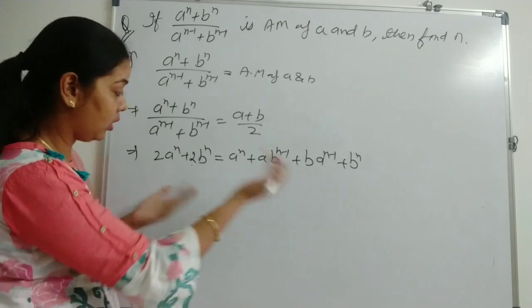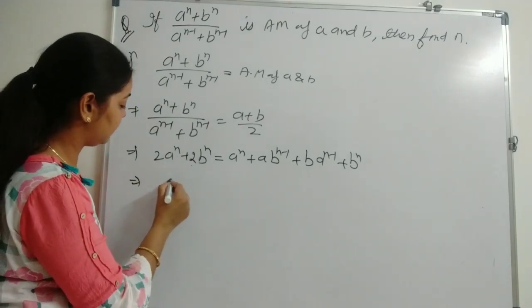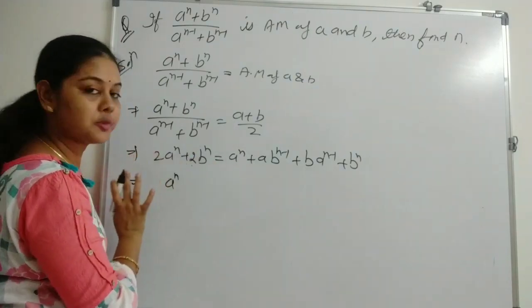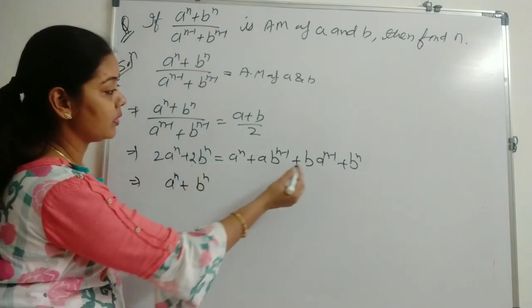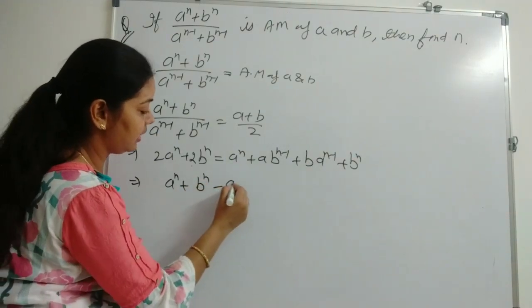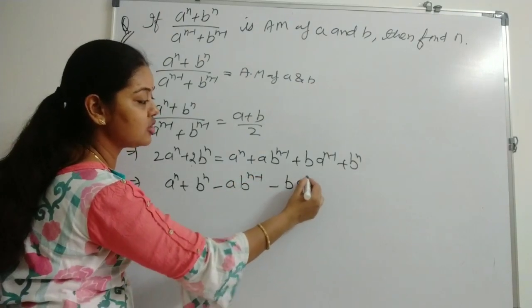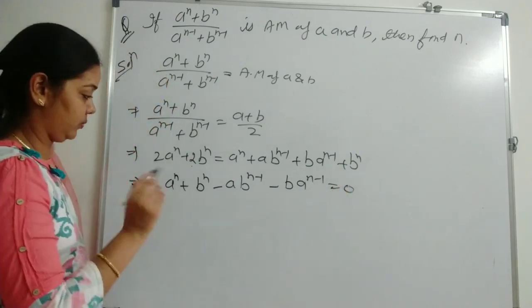Now taking all the terms to this side, we are left with a^n, one a^n cancelled out, plus b^n minus a b^(n-1) minus b a^(n-1), equals 0.